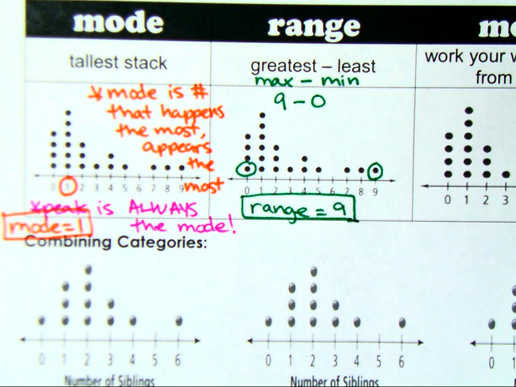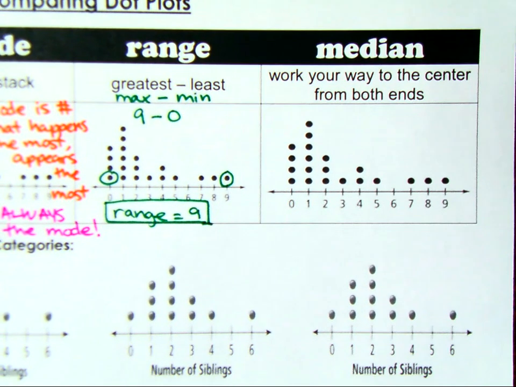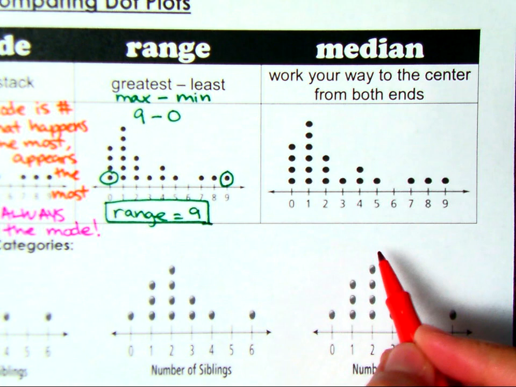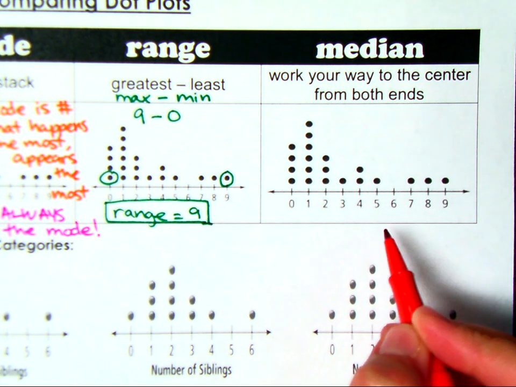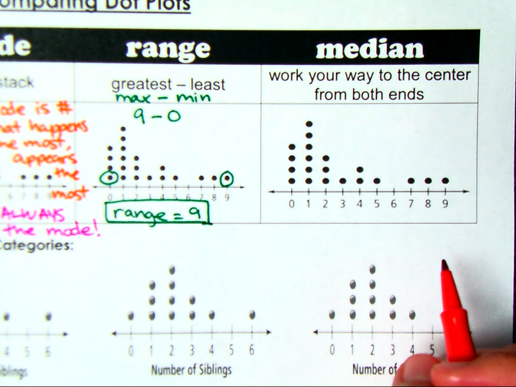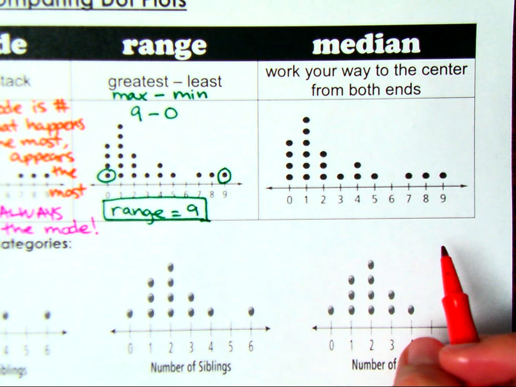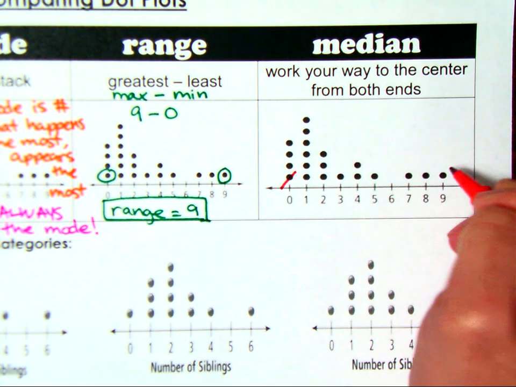Now with the median, we've talked about median as being the true middle number. Instead of having this big long list of numbers, we can still use this and cross off the lowest and then the highest, back and forth, to find the median. Remember, if there are 2 middle numbers, then we find the average of those 2. So I cross off this 0 and this 9.